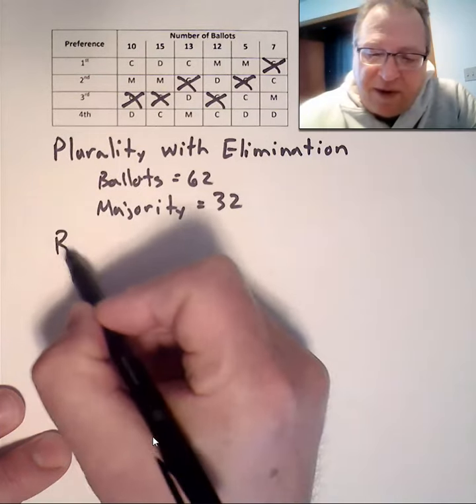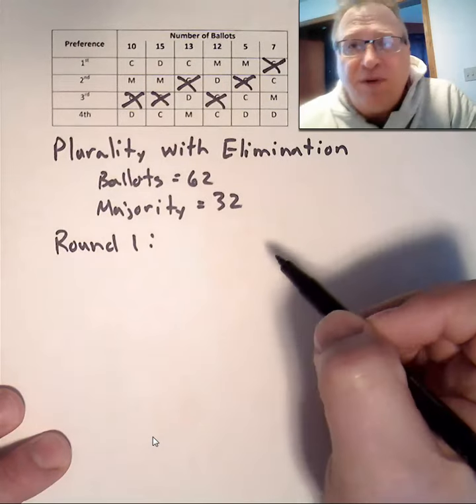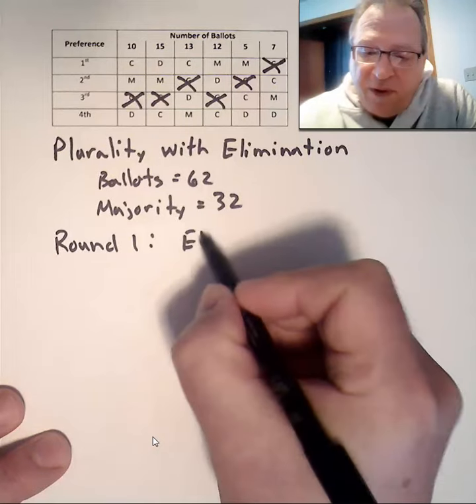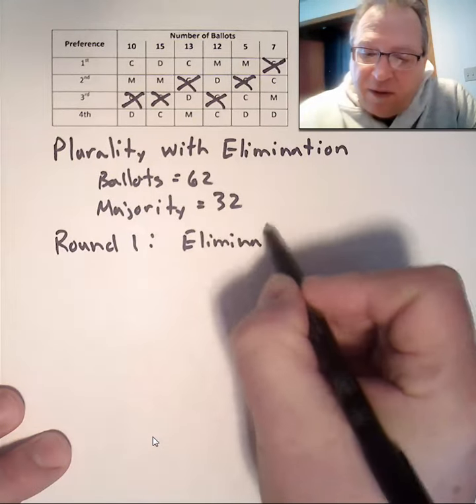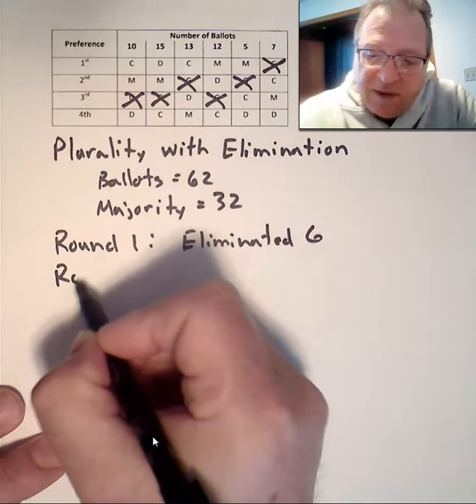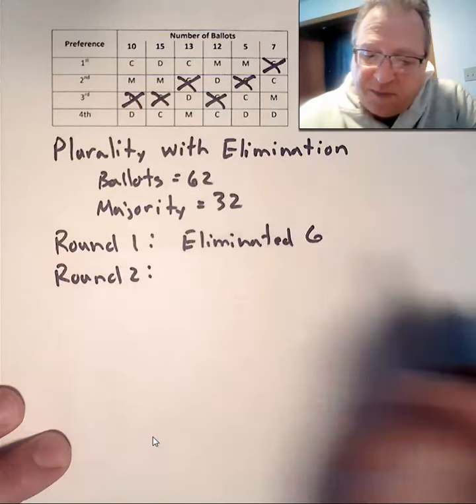Okay. So in round one, what did we do? We looked for the person with the least number of votes, and we eliminated that person since there was no majority. We eliminated G. We're now on to round two. And again, we need to count votes. Let's see. C has 10 plus 13.